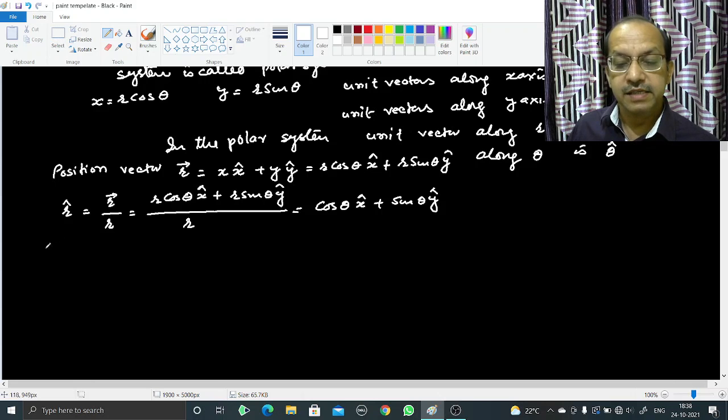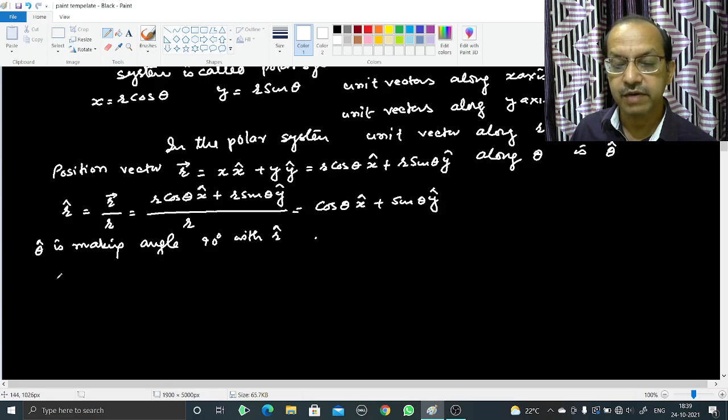Now, as theta cap makes an angle of 90 degrees with r cap, to get the value of theta cap, we will have to replace theta by theta plus 90 degrees, or pi by 2. So it becomes cos(theta plus pi by 2) x cap plus sin(theta plus pi by 2) y cap.